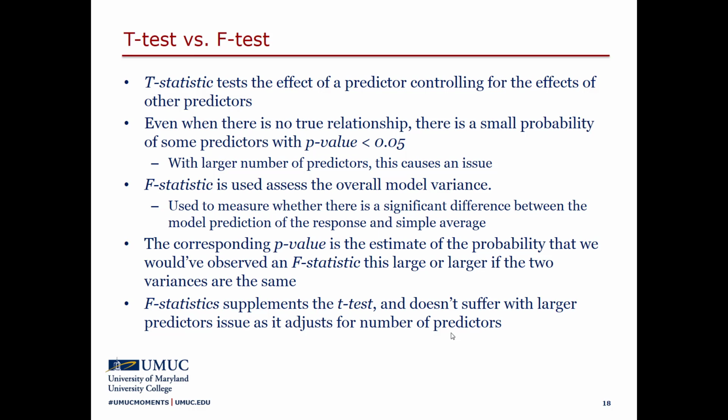But when you think about it, even when there are no true relationships, there is a small probability of some predictors having a small p-value. Let's say we have 100 predictors, and you do your hypothesis testing with 95% confidence, so there is a 5% probability for each predictor of falsely identifying it as related. So as the number of explanatory variables goes up, the probability of identifying at least one correlation in the regression equation by just a 5% chance goes up, even after we reject using the t-statistic.